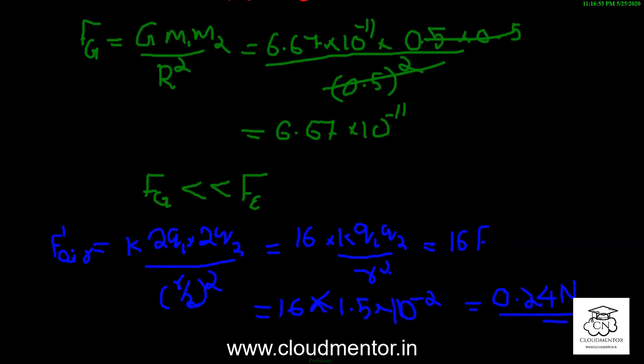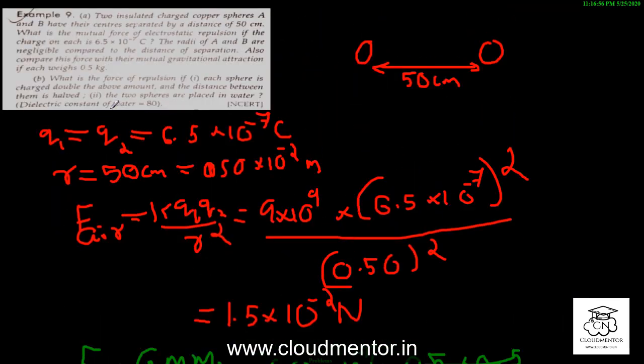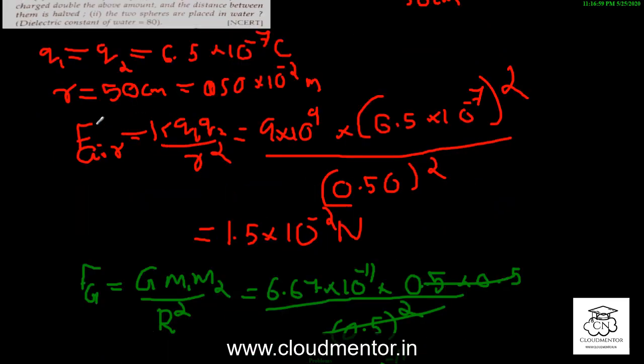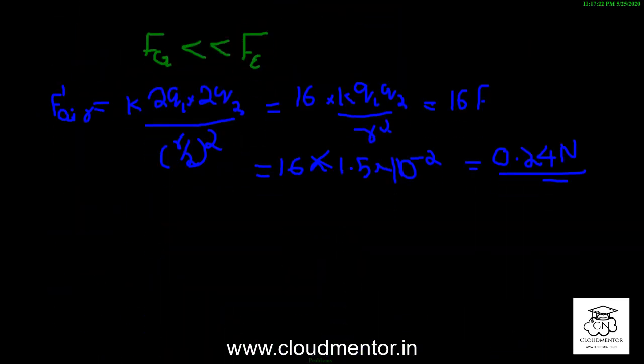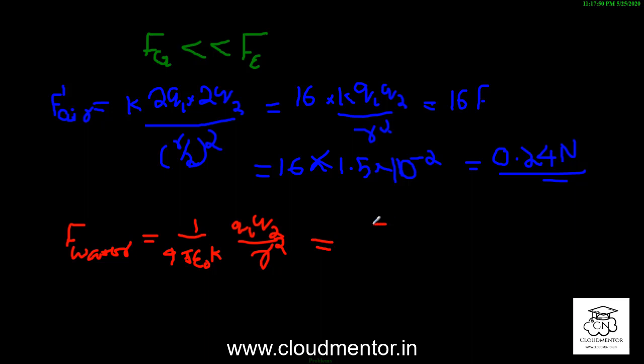So that's over. And the next condition is the two spheres are placed in water. So what will happen? The Coulomb's force when it is in water will be equal to 1 by 4 pi epsilon 0 k, where k is the dielectric constant of the medium, into q1 q2 by r square. Simply we can write it as F air by k.